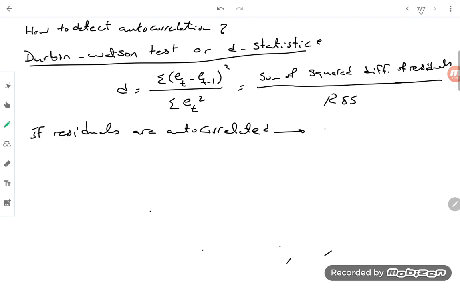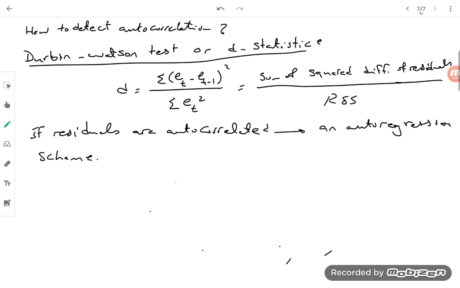The Durbin-Watson test can only be performed if the error term is following the first order autoregressive scheme.